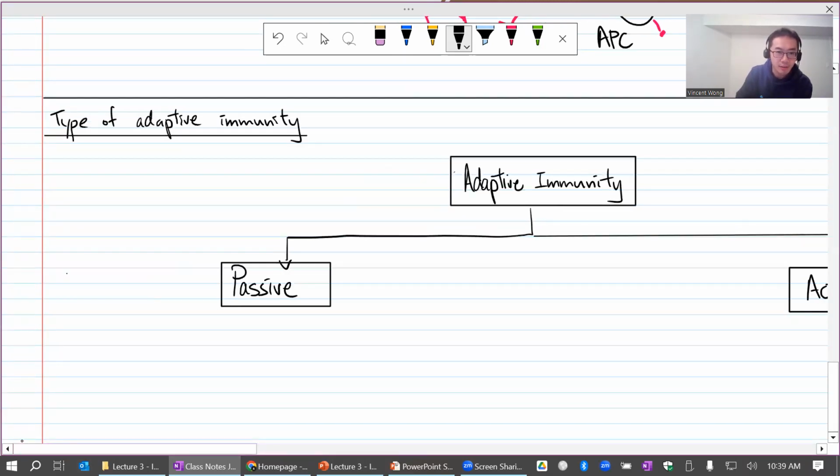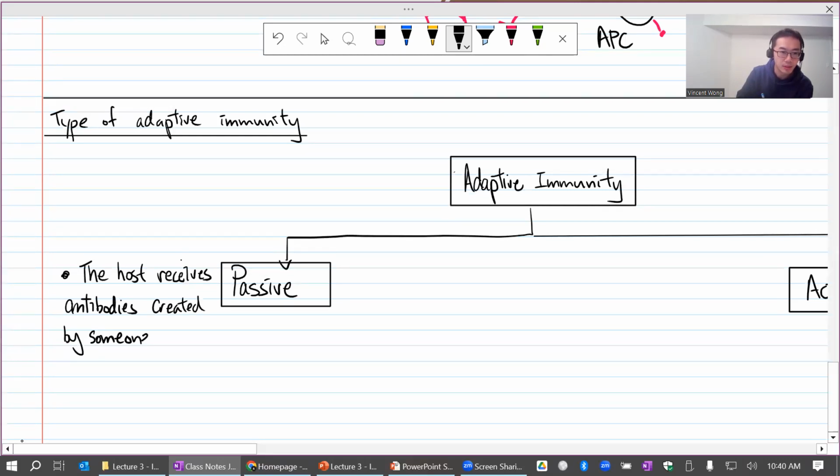In passive immunity, the host, like you are the host, okay? You are the person that's getting sick, right? The host receives antibody created by someone else.